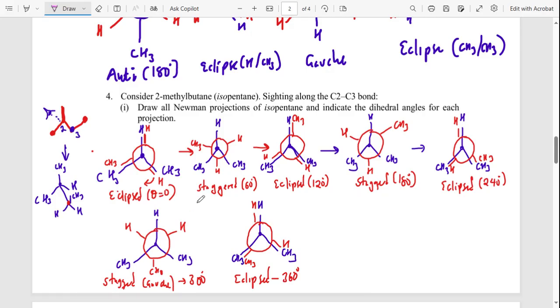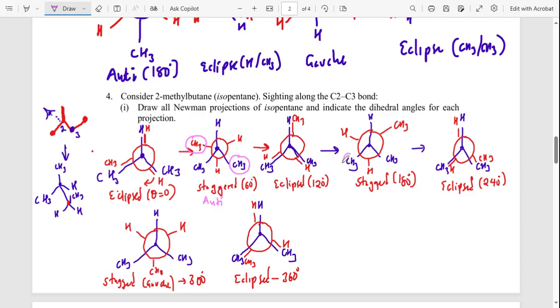One thing that I want you to realize is you have some special staggered configuration. For the staggered configuration where I've got the two methyl groups on opposite sides, we call that an anti. Okay. For example, you can see this CH3 and this CH3, they are on opposite sides. We call this the anti configuration. It's a type of staggered configuration.